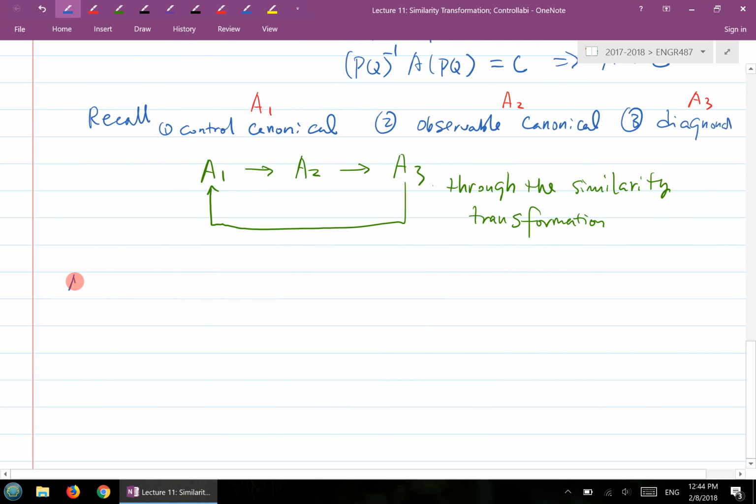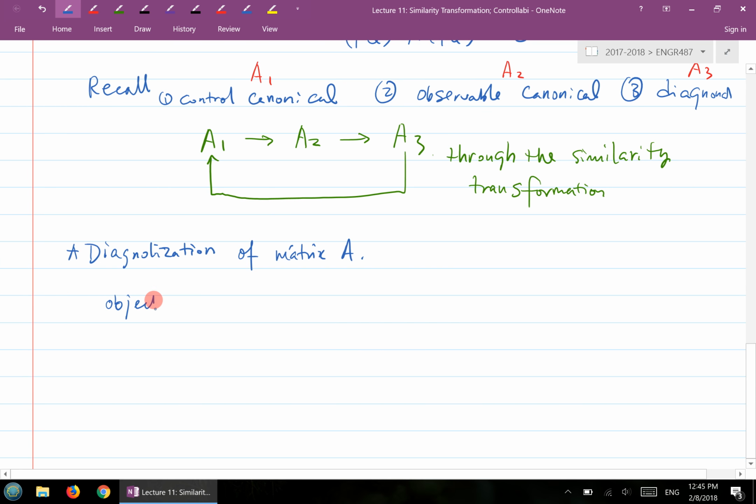So the next topic is the diagonalization of this matrix A. The objective, very simple, is to develop a useful factorization A equals P AW P inverse.